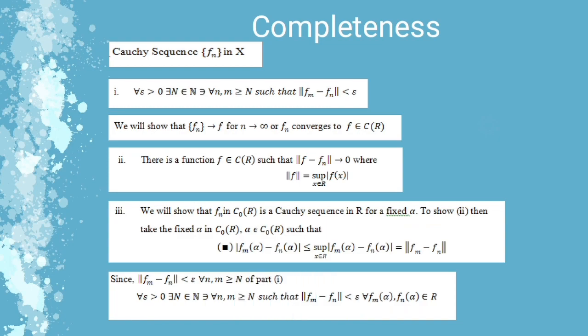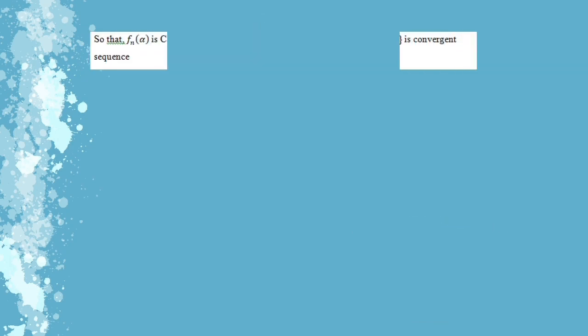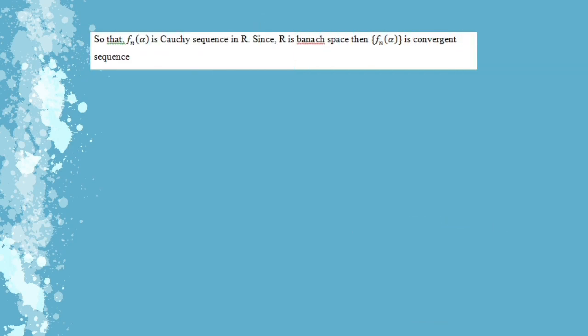Since the norm of f_m minus f_n is less than or equal to epsilon for each m, n greater than or equal to N from part 1, we get this, so that f_n(alpha) is a Cauchy sequence in R. Since R is a Banach space, f_n(alpha) is a convergent sequence.